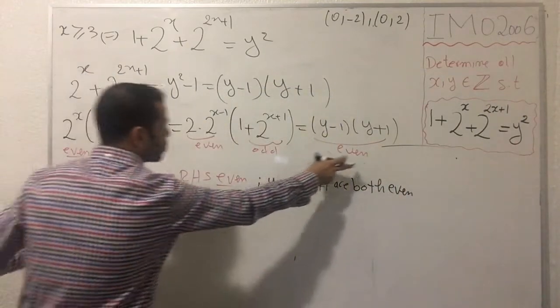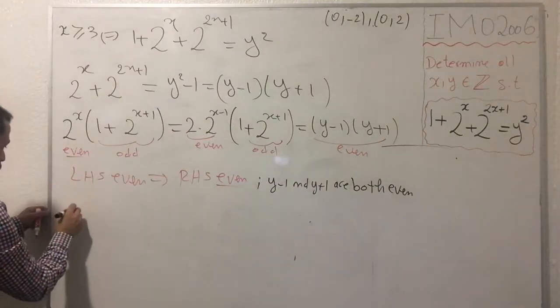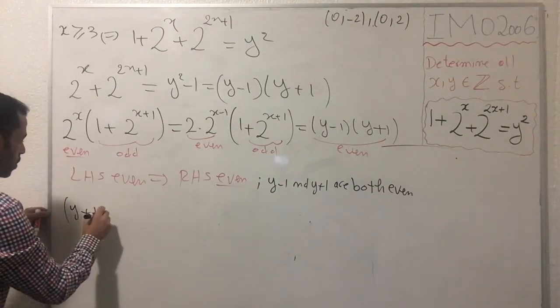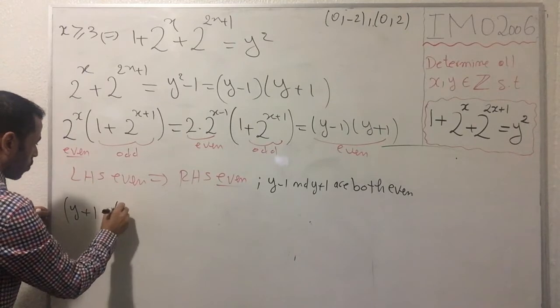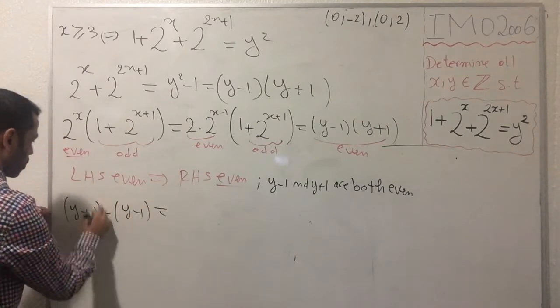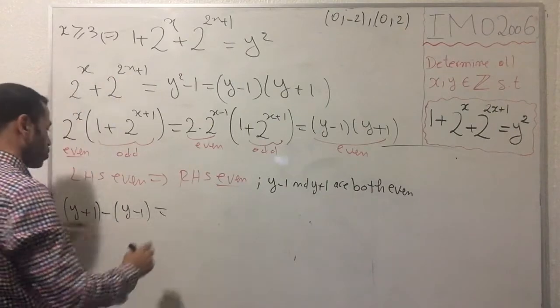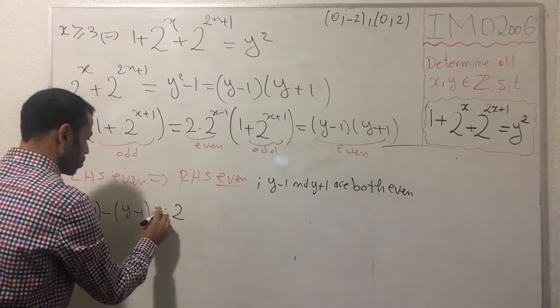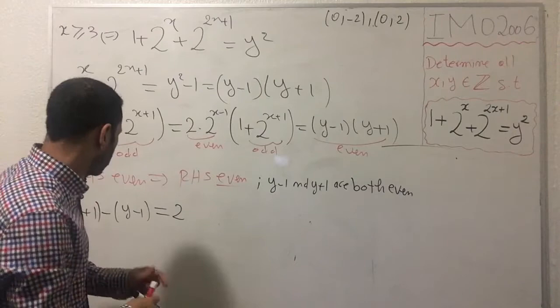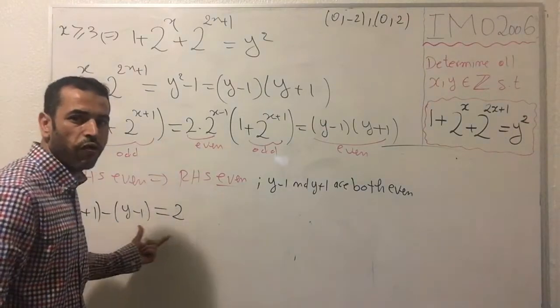Let's take the difference of these numbers: y plus 1 minus y minus 1. y minus y equals 0, 1 plus 1 equals 2. So now we have a linear combination of two numbers.